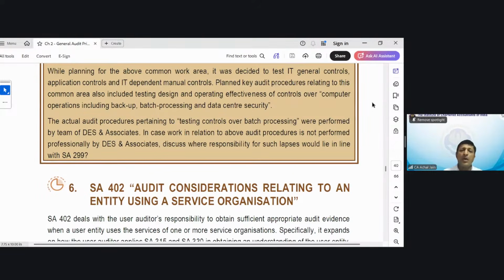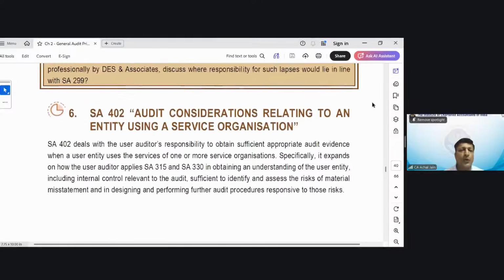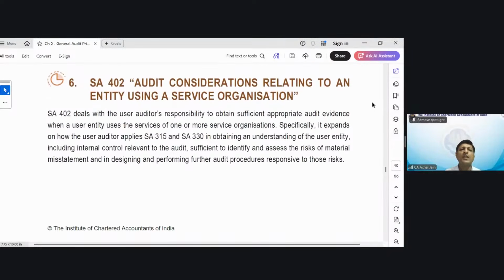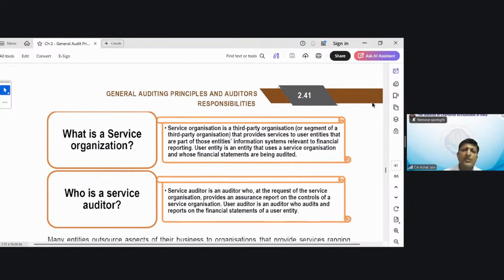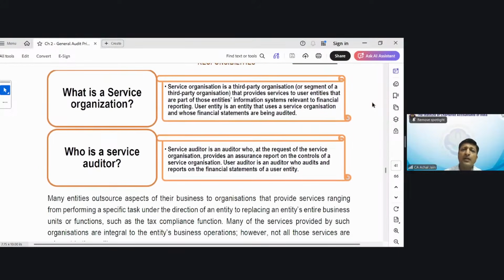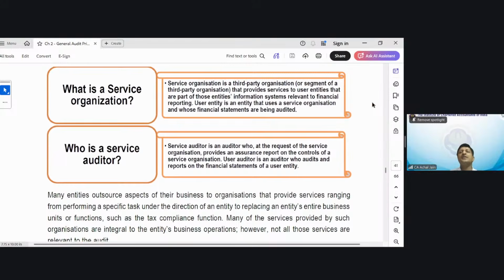Next, talking about the next auditing standard, which talks about service organization. One of the audit considerations you'll have is for an entity which is using a service organization. First of all, it becomes important to understand a service organization.